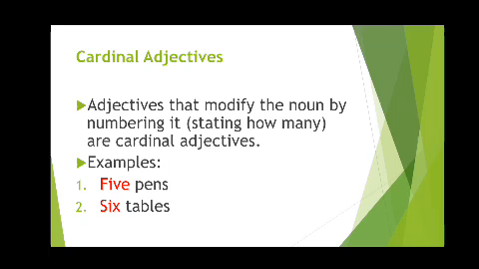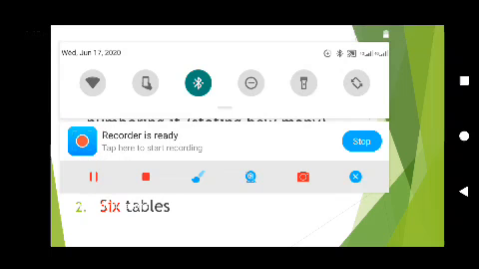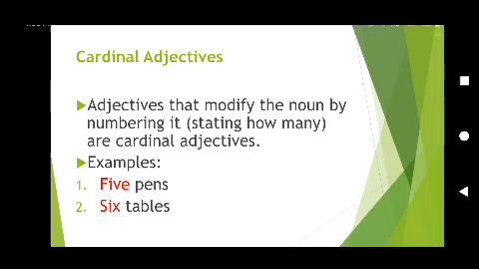But we also have the adjectives of quantity, in which we have the indefinite adjectives, and then we have cardinal adjectives, which are basically adjectives that modify the noun by numbering it, stating how many.